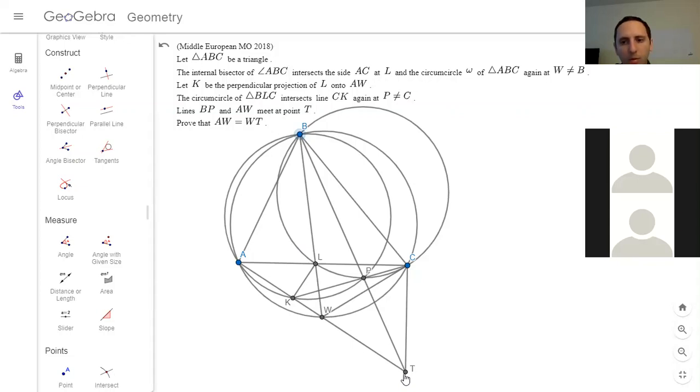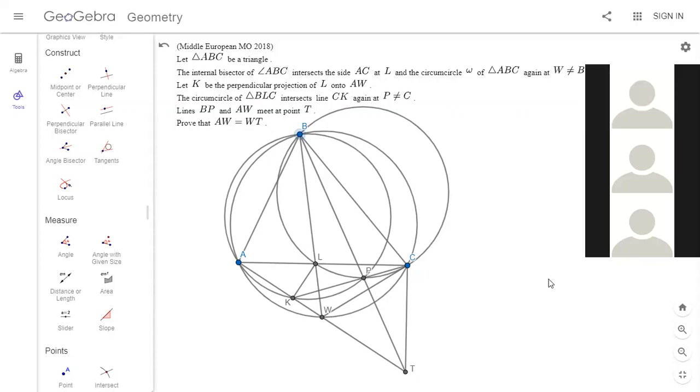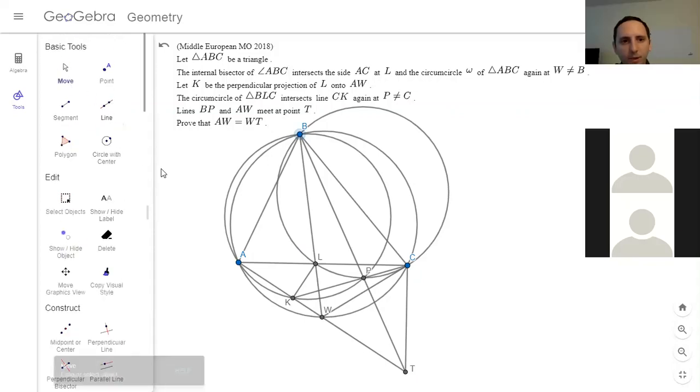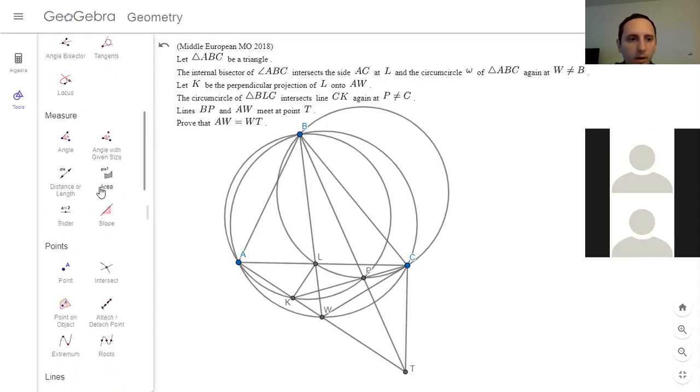This one is hard. Yeah, I agree. BPK is similar to BCW. Ah, Miquel point and spiral similarity. So B is the Miquel point, I guess. Okay. Yeah.